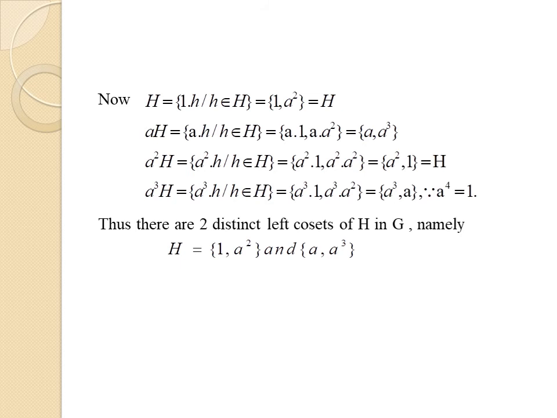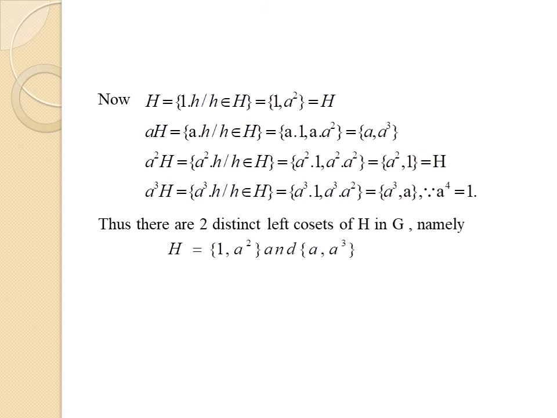We are taking the product of a² with this H. H is {1, a²}. So a²·1 and a²·a². This gives {a², a⁴}. It is given that a⁴ = 1. Therefore a²H = {a², 1}, and {1, a²} is nothing but H, the subgroup.